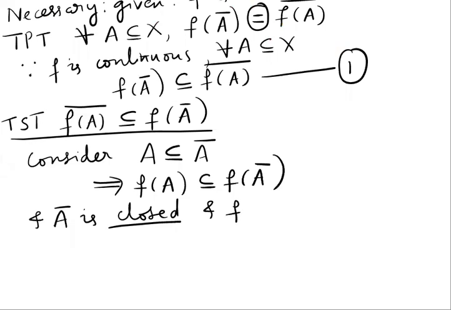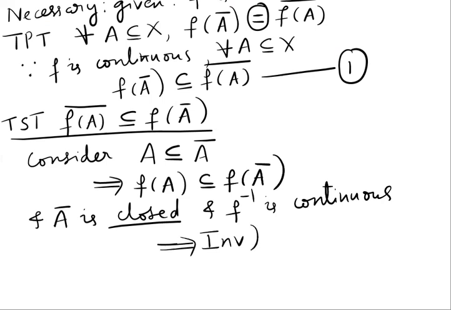And f inverse is continuous because f is a homeomorphism, right? So f inverse is continuous, that is given. Whenever f inverse is continuous, we know that the inverse of a closed set is closed. Inverse here means f inverse whole inverse of a closed set is closed.